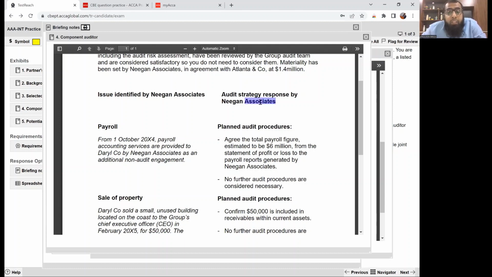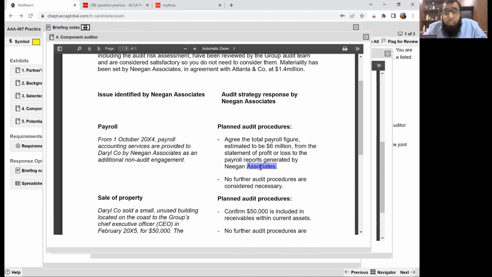Then the audit strategy response by Negan Associates: agree the total payroll figure estimated to be $6 million from the statement of P&L to the payroll report generated by Negan Associates. So there is no audit work done effectively. We just picked the report we made while providing non-audit services and matched it with the FS.